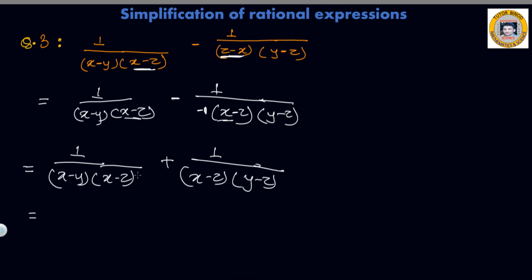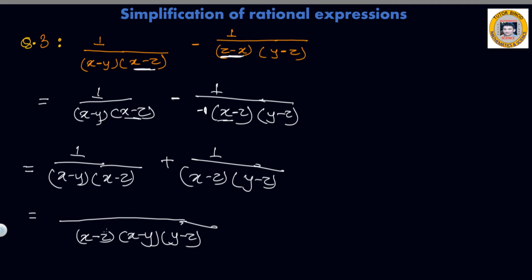Now it becomes a normal problem as we had done it earlier. So now we must do the LCM. If we want to take the LCM of these two expressions of the denominators, it would be x minus z, x minus y, and y minus z. Now we have to divide the LCM by the denominator of the first term. How much did we get?